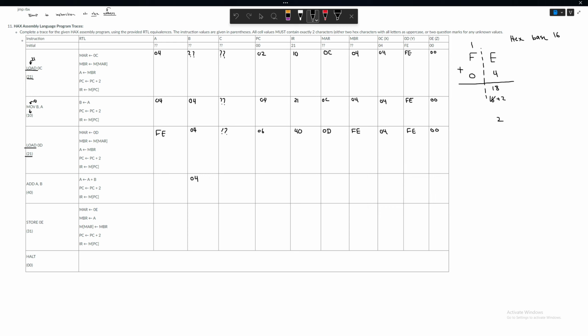And then now I have F. F is 15. Plus 1 is 16, right? This is just 16. But 16 is not a number, so I can do 16 plus 0. 0 goes down, and then 16 goes up as 1. And so this is 102.